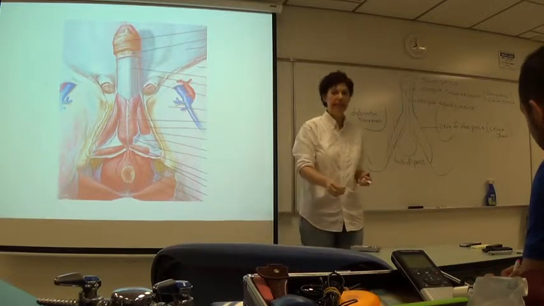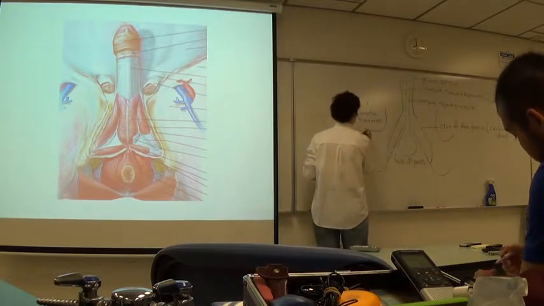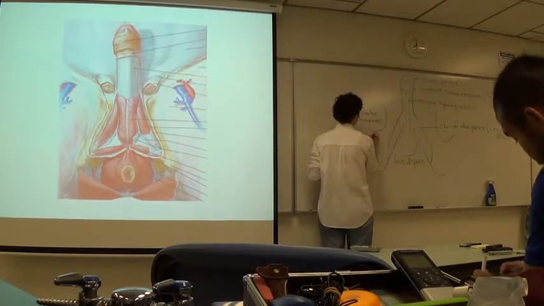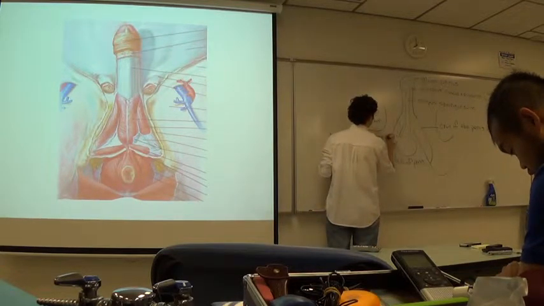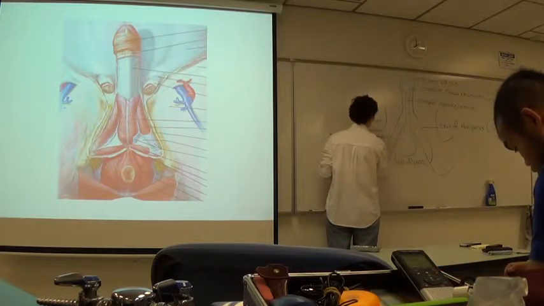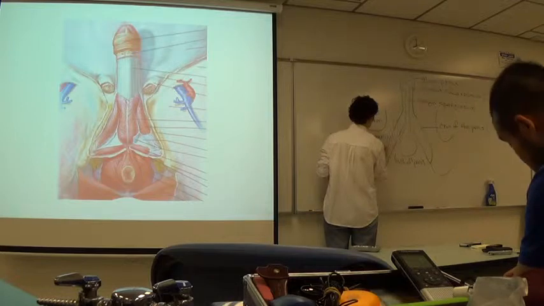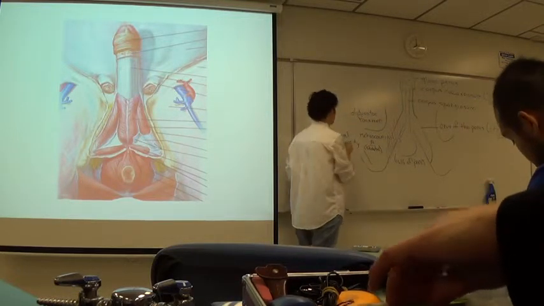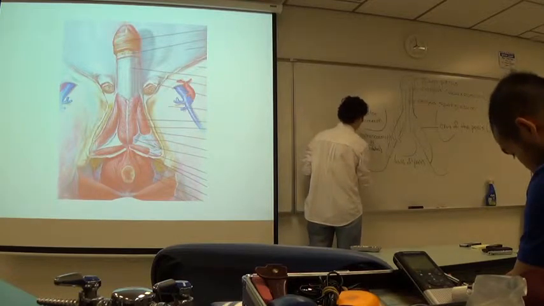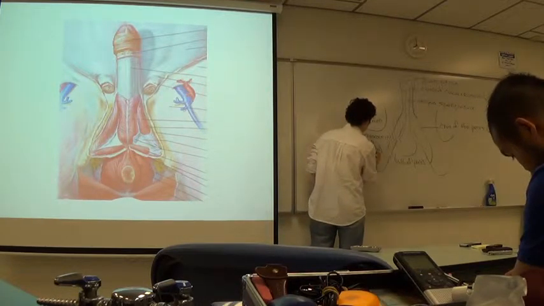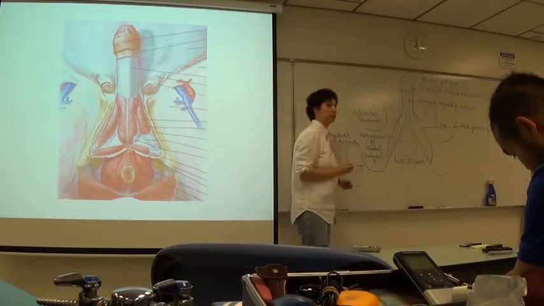So that muscle is the ischiocavernosus muscle. It's a skeletal muscle innervated by the pudendal nerve.